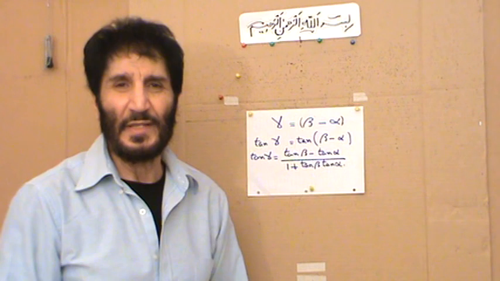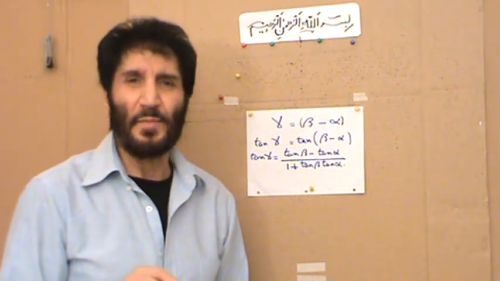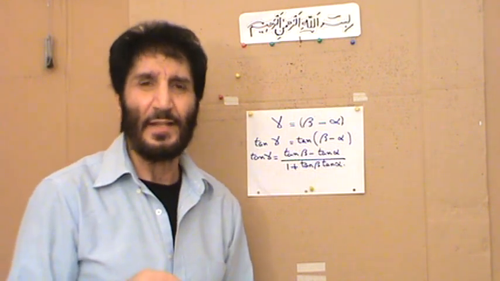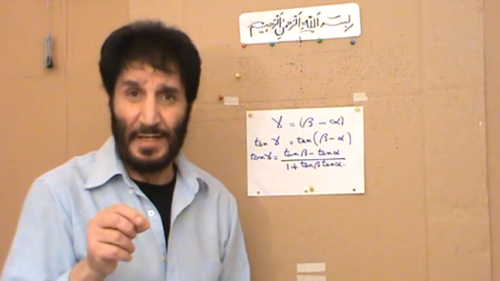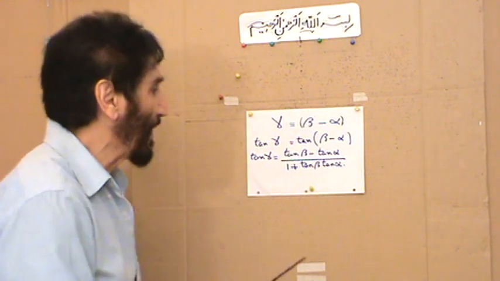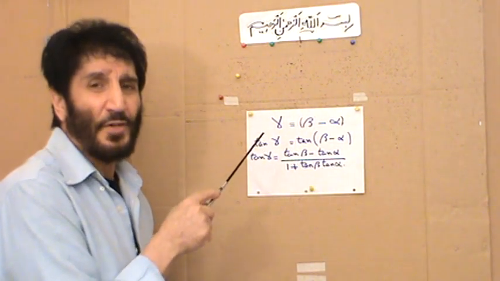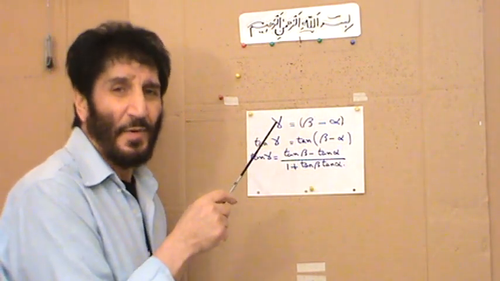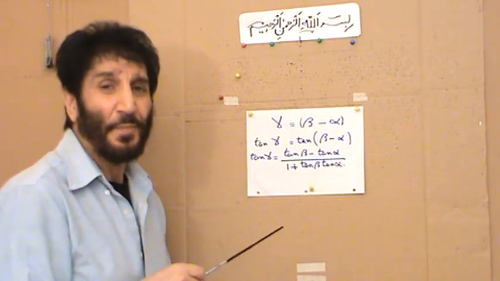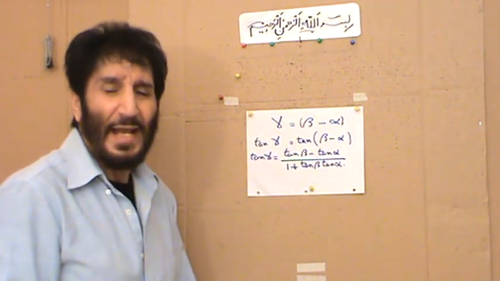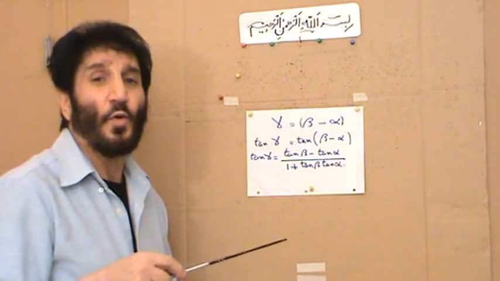It's again elementary trigonometry. But from that, and a little bit of algebraic manipulation after you expand it, using the trigonometric terms, we come up with this formula. So the tangent of gamma is the tangent of beta minus tangent of alpha over 1 plus tangent of beta, tangent of alpha. But previously we saw that tangent of beta, tangent of alpha, tangent of gamma, they were all slopes.